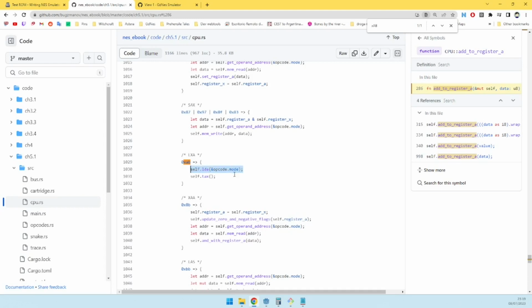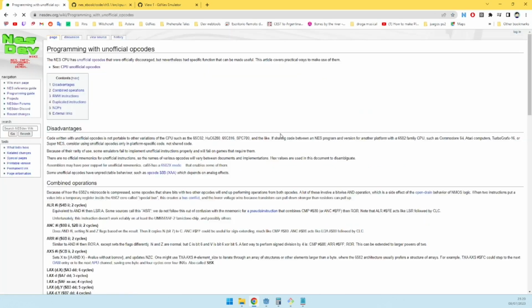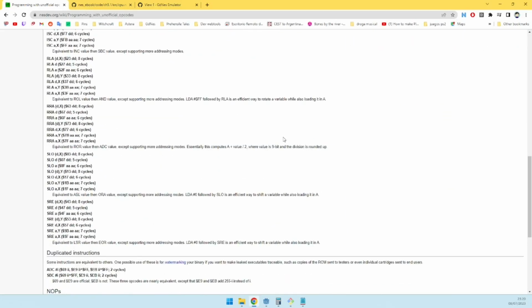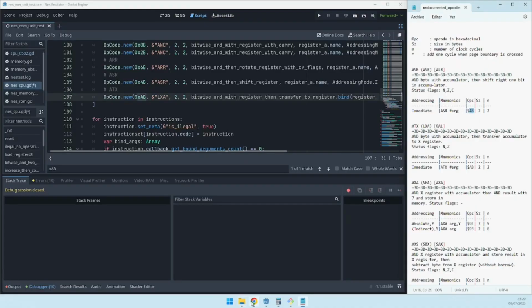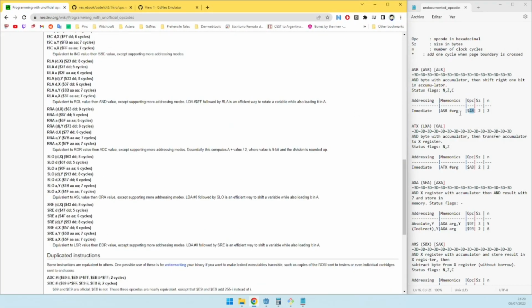It is different to what the description says. What does the other documentation say of it? So this one, let's move this here. 4B.